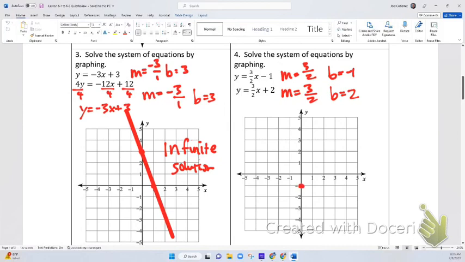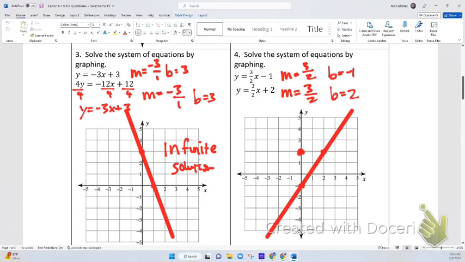We start at -1 because that's the b, that's the starting point. And then we go up 3/2. And when I graph, it looks like that. And then I go to my second equation. My second equation has m equals 3/2. My b is 2. Here's my starting point.